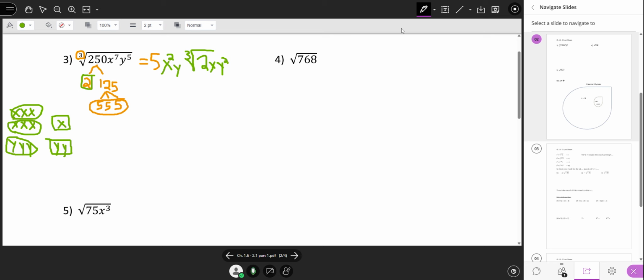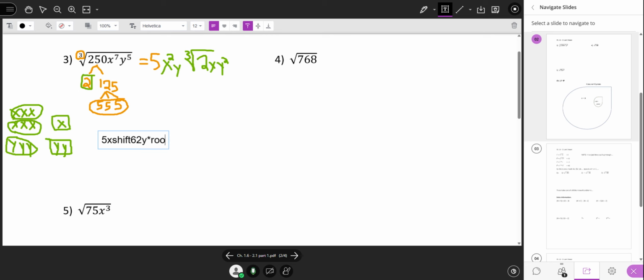Now, how will we put this into our program? 5x shift 6 2, then a y. Then we're going to type in a times sign, or an asterisk for times sign.